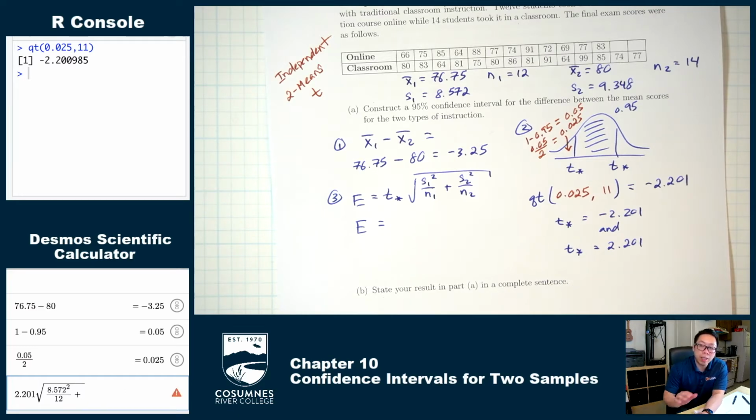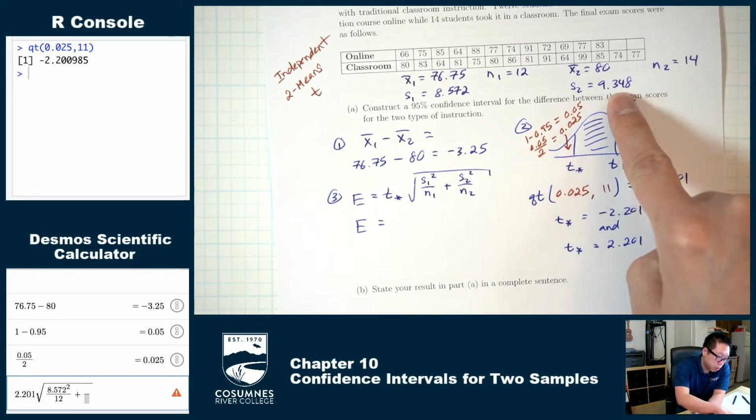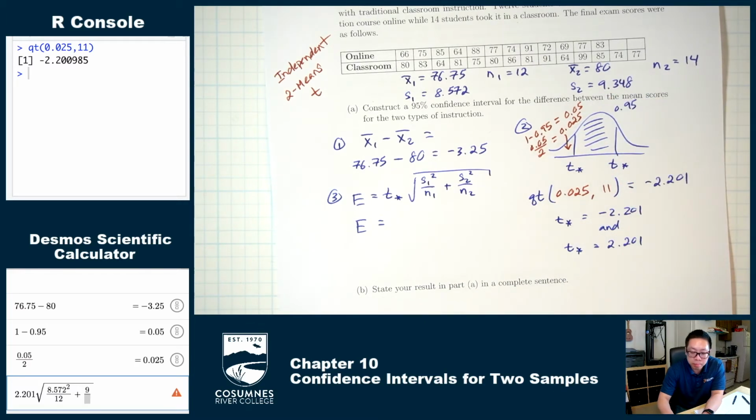Right? So you want everything inside the square root. If you go too far and you hit plus, you'll see that the plus is outside of the square root. If that happens, just move your cursor just to the right of that fraction without any spaces, hit plus, and make sure that that plus sign is inside the square root. And then I'll hit fraction again for the second fraction. S2 squared, S2 is 9.348 squared.